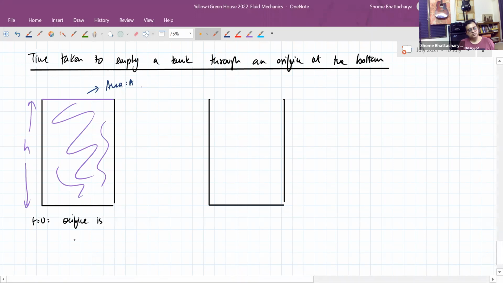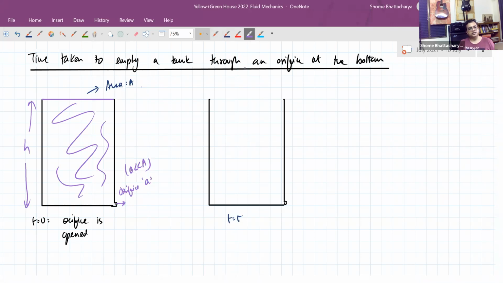The orifice is opened. That is when the liquid starts to come out. And the orifice has an area small a. Small a is obviously very small compared to capital A. So at some general time t, the level of liquid would have come down in the tank, okay, because you're draining it out.